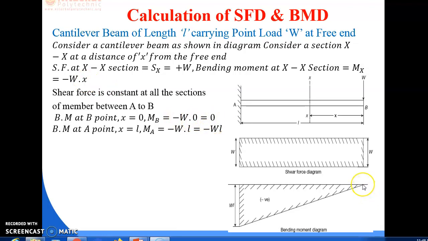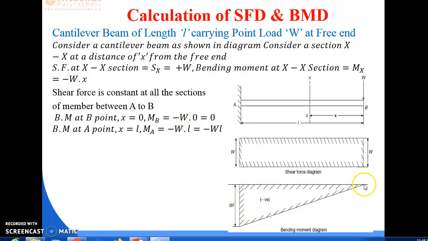After that, we start with the projection of point B with 0 value. Then, if we go to point A, now the section comes to point A. Now the length L will be equal to x. At point A, x is equal to L, moment at A is equal to minus W into L, that is minus WL.